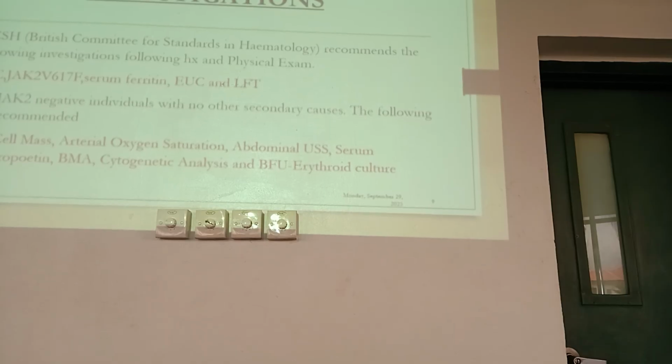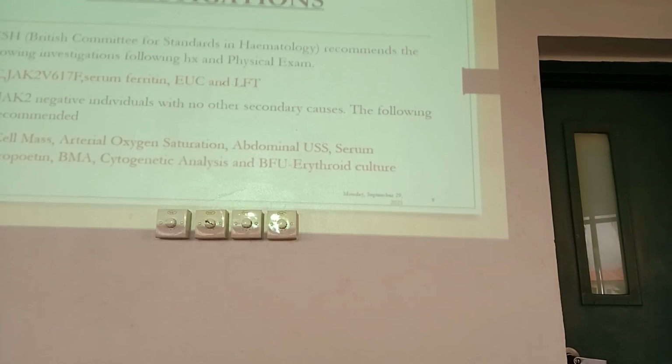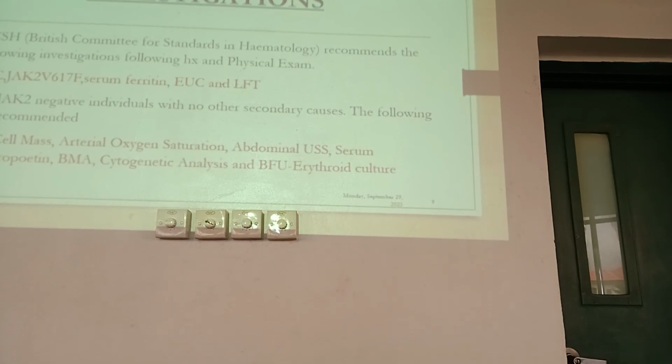How do you measure arterial oxygen saturation? Pulse oximeter. You use pulse oximeter to measure arterial oxygen saturation. So number 3 major is clinical splenomegaly.